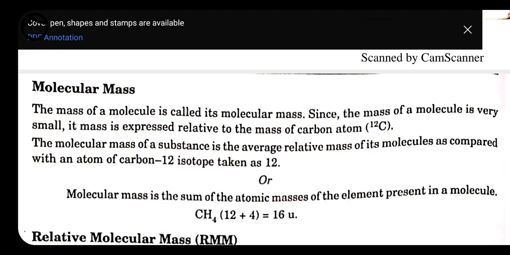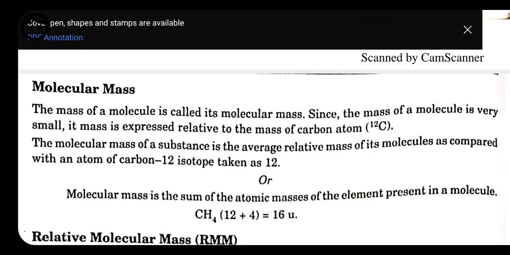Since the mass of a molecule is very small, it is expressed relative to the mass of the carbon atom, that is carbon 12. The molecular mass of a substance is the average relative mass of its molecules as compared with an atom of carbon 12 isotope taken as 12.